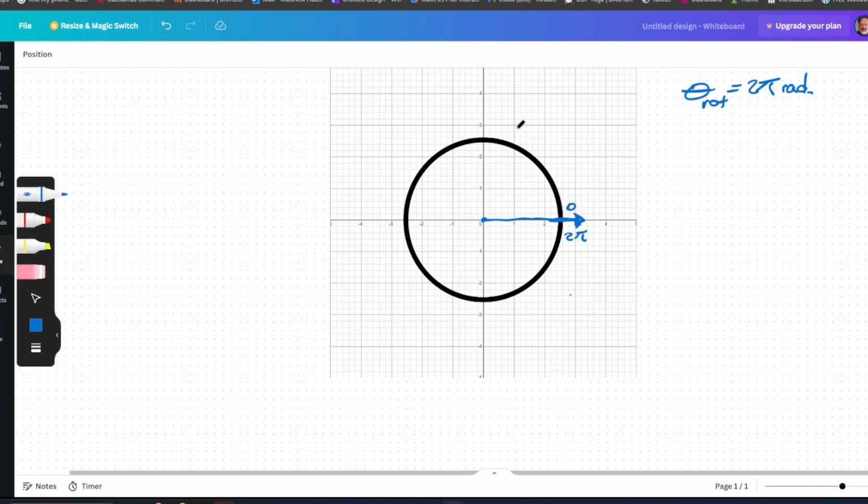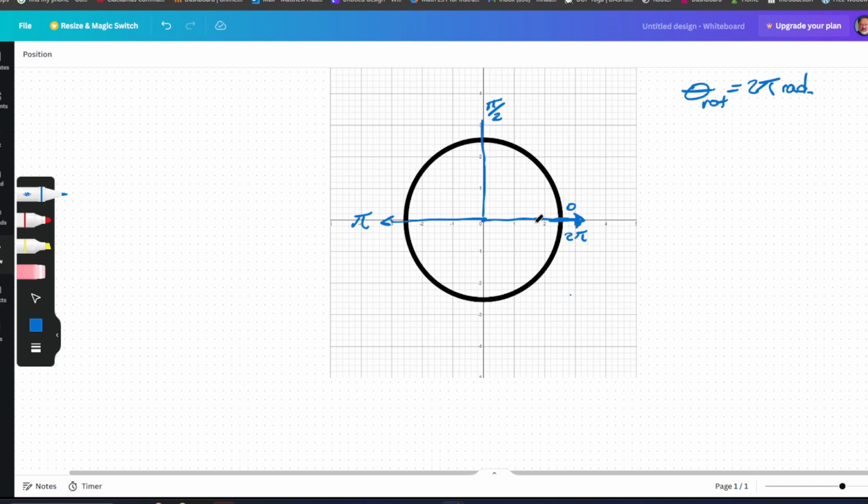Well, if it takes 2 pi radians to go all the way around, then how long does it take to go halfway around? Well, if that was 2 pi, then that should be 1 pi radians for half a circle. Well, then what's a quarter circle? Well, it's half of that, so pi over 2 radians.